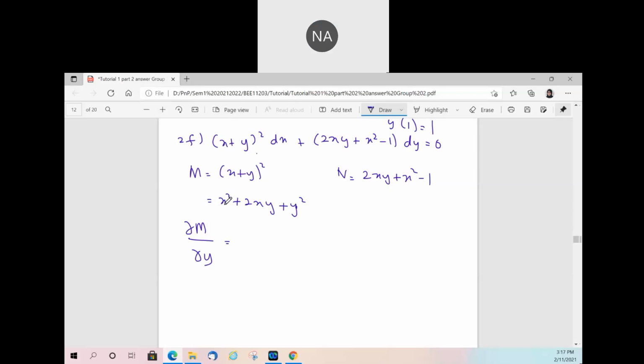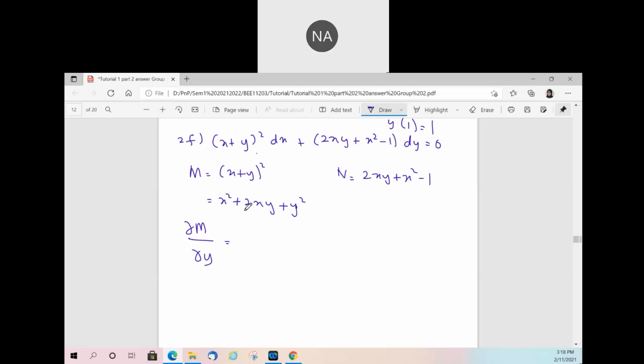Ada y tak kat sini? Tak ada. Jadi we consider this as a constant. Okay, then if you differentiate constant, you get 0.